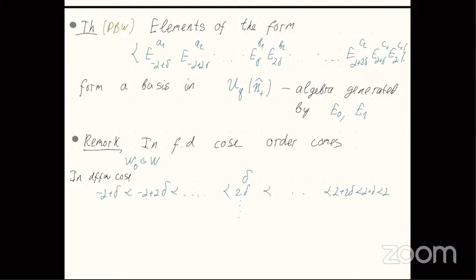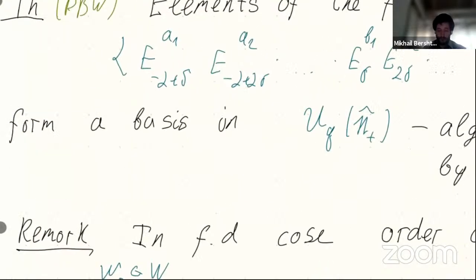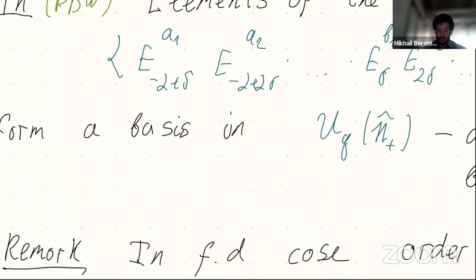Sorry, in this form the last term is E alpha. Maybe it's somewhat strange because the first term is not E alpha. Well, the first term is E minus alpha plus delta, so this is E0 actually.